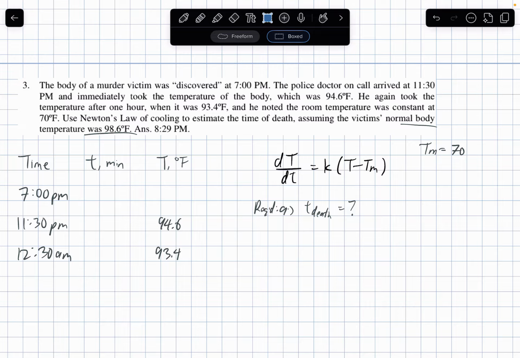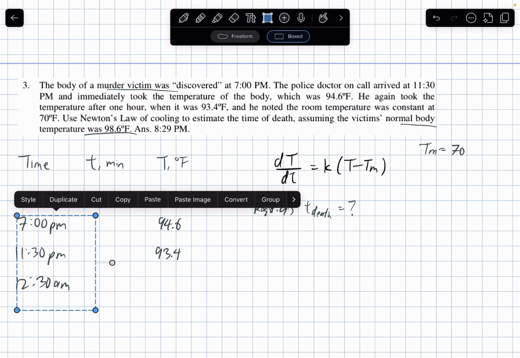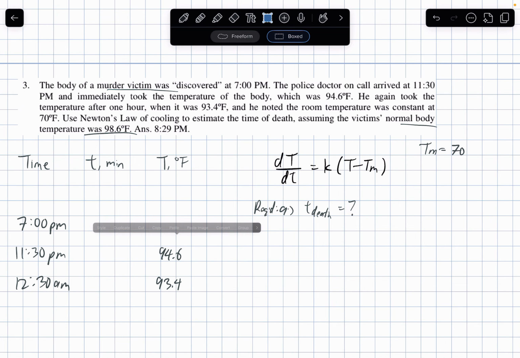Was 7 p.m. the time zero? No, because it says here it was discovered. The body was discovered at 7 p.m., so we don't know the time when he died.